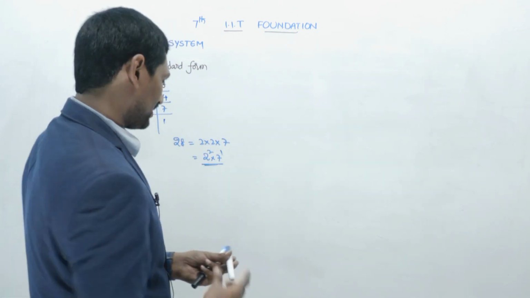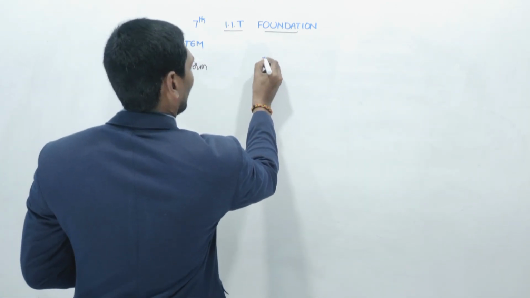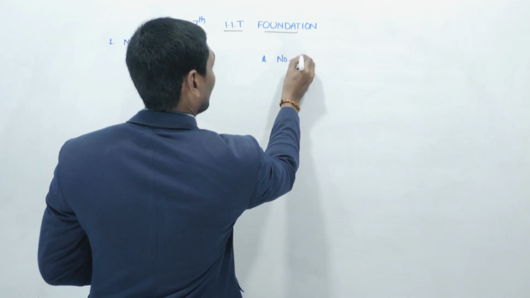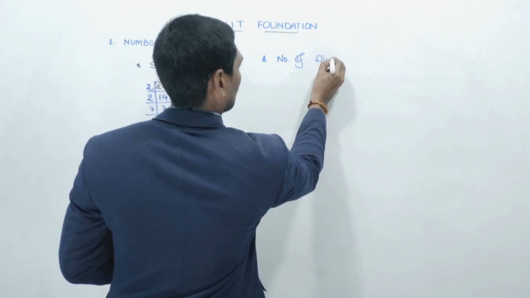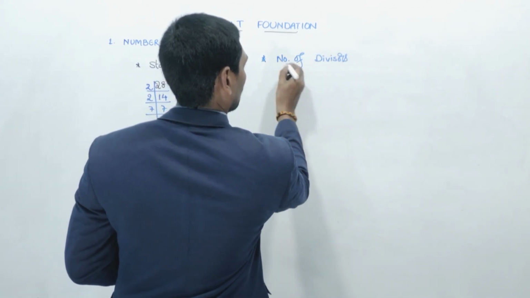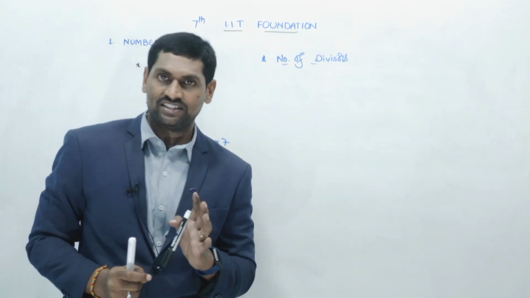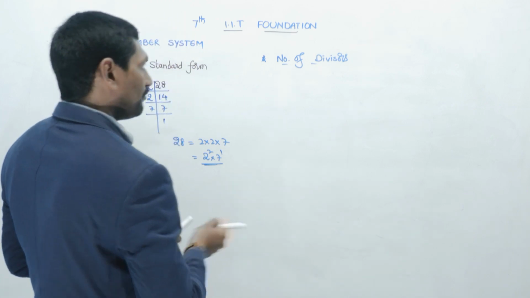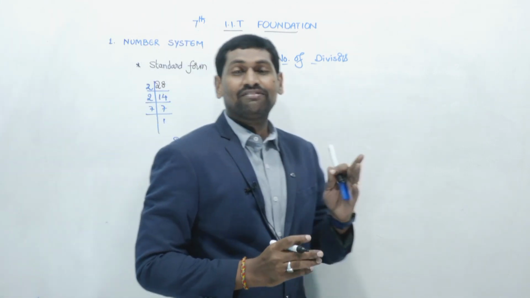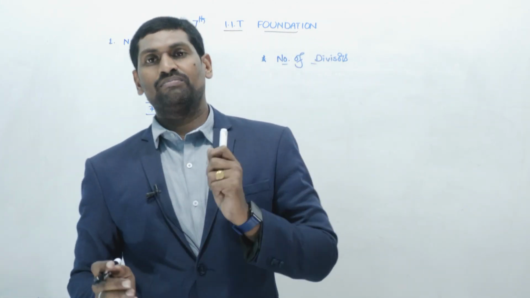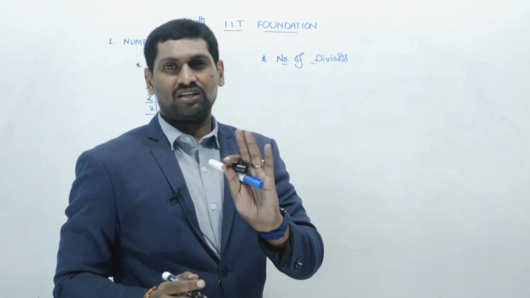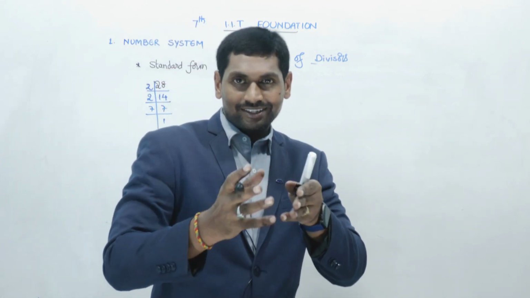Number of factors, or we can call it number of divisors. Let us see. For example, the number of divisors of a composite number 120, or let us try with a smaller number, 36.